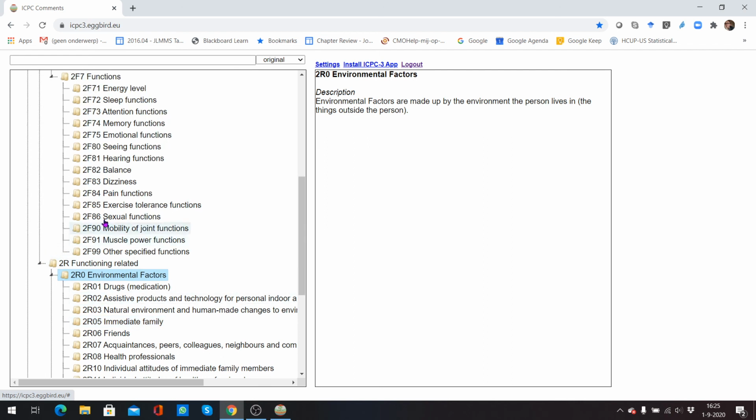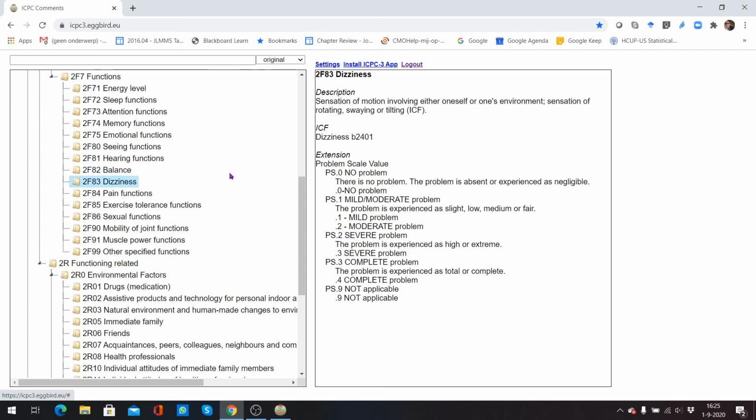Dizziness can be used descriptively to understand the extent to which a person experiences dizziness as a problem. Coding with the degree of severity of the problem in the function makes the dizziness and the changes in it traceable and also available for discussion and comparable and countable.